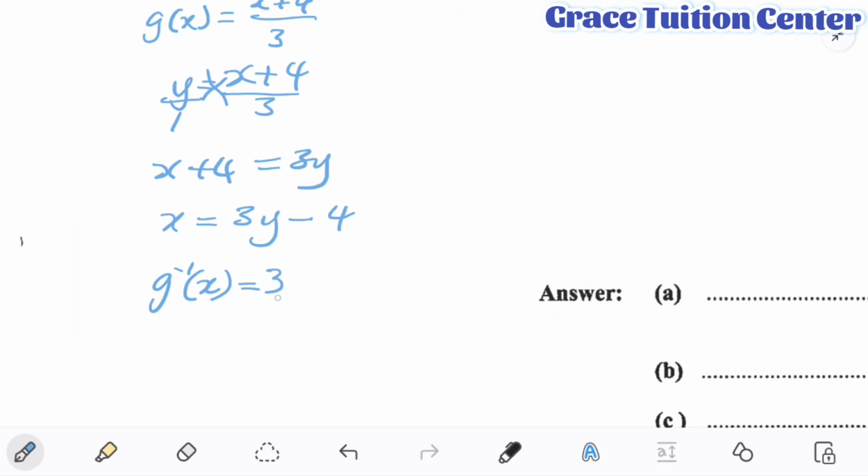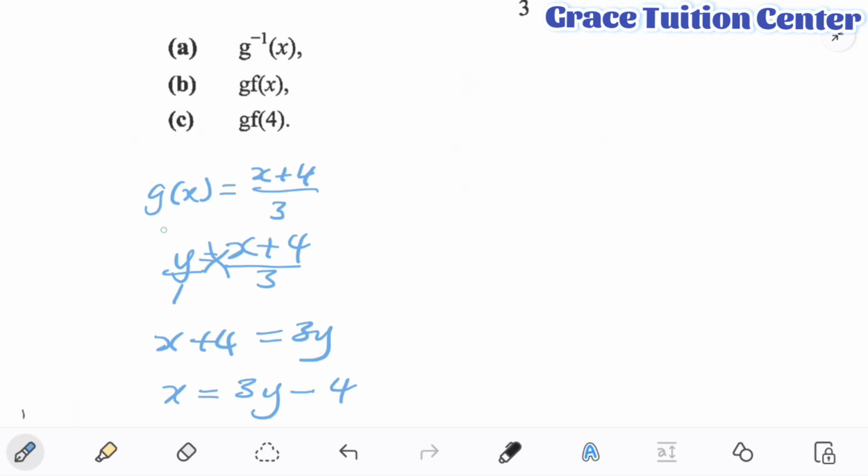Then where there's y here, wherever you have y on the right side, you replace that with what? X. So here I'll write x minus 4.